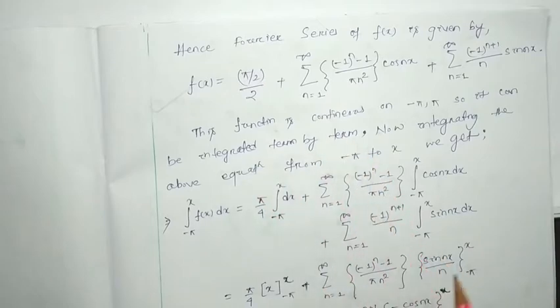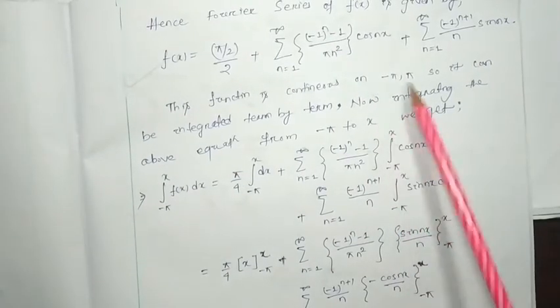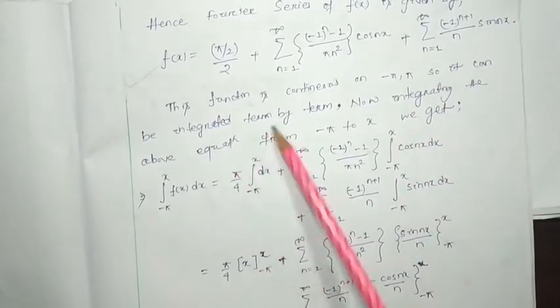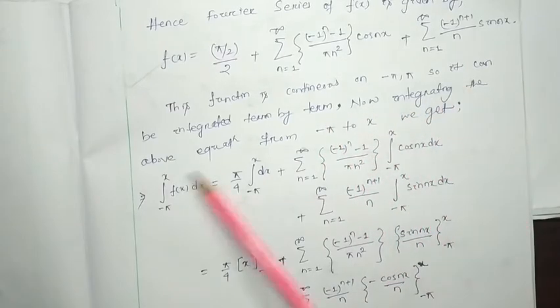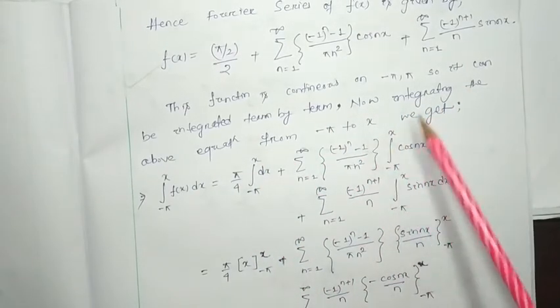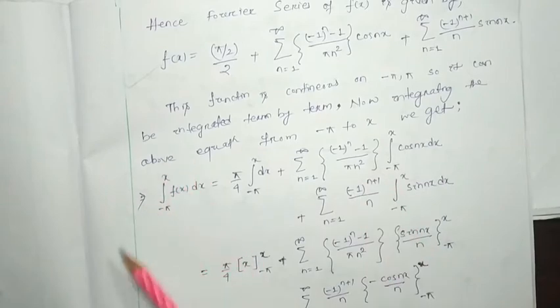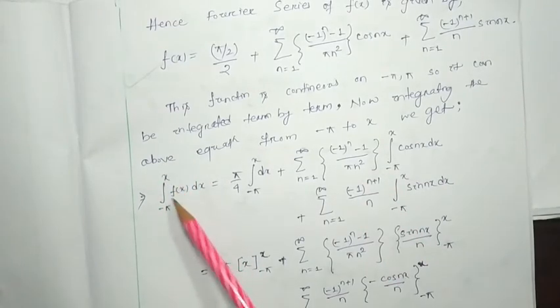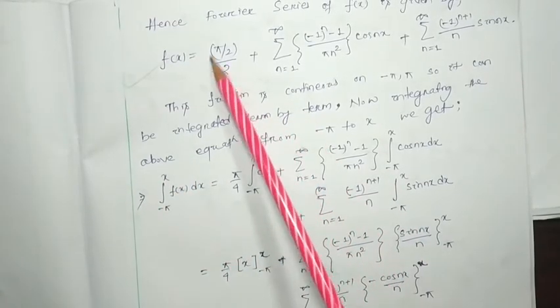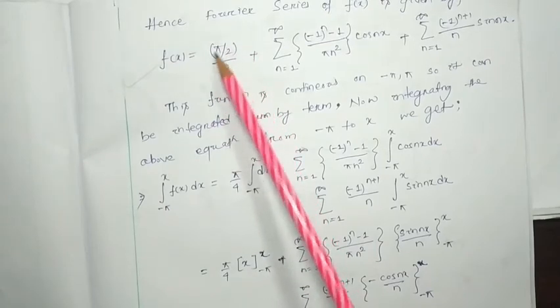Now this function is continuous on −π to π, so it can be integrated term by term. Now integrating the above equation from −π to x, what are we going to get? On the left-hand side we integrate from −π to x of f(x) dx, and on the right the first term is integrated from −π to x.